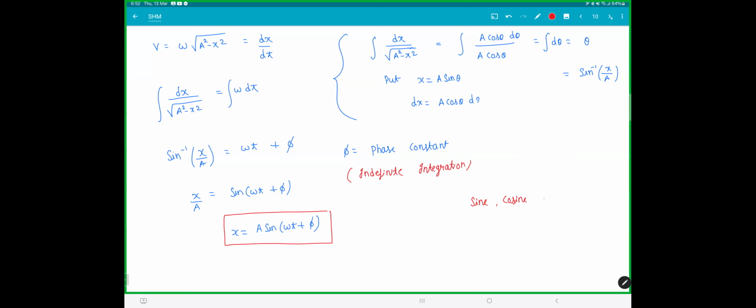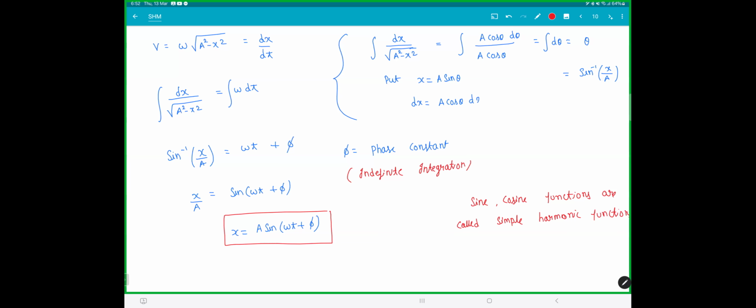So sine and cosine functions are simple harmonic functions. Since these functions represent motion, we call it simple harmonic motion.